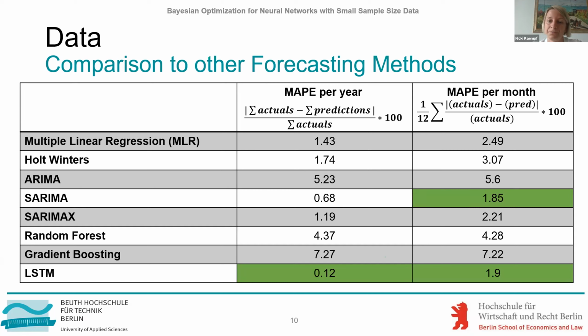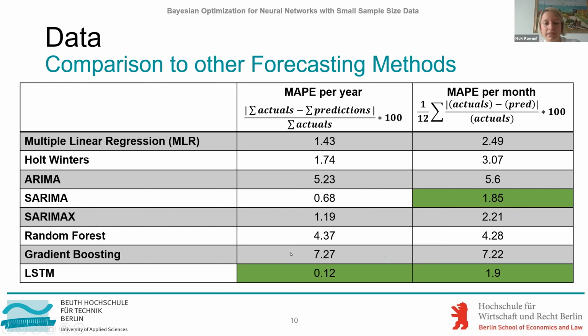percentage error. Okay, so for the MAPE per year, the tuned LSTM that you can find here is really outperforming all the other approaches. We've checked multiple linear regression, Holt-Winters, standard time series models, ARIMA, SARIMA, SARIMAX, and also machine learning models such as random forest and gradient boosting.